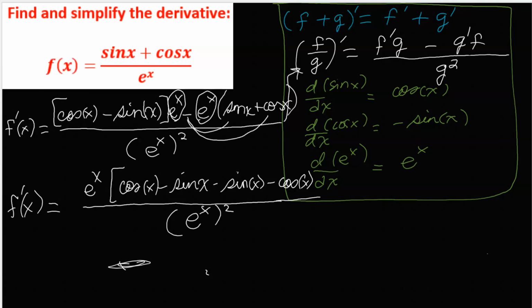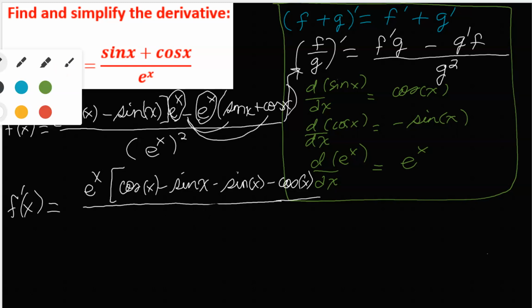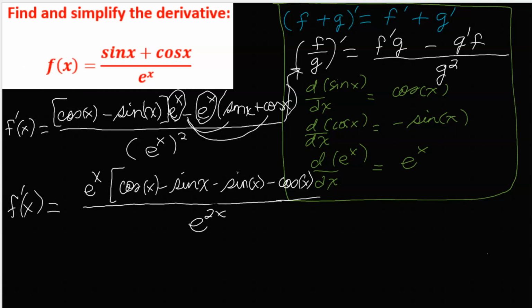Okay, now I'm going to take the opportunity to explain. Sometimes you will see people write not e to the x squared, but e to the 2x, just because when you have an exponent raised to an exponent, we multiply the exponents, right? So it's 2x, but really it's just e to the x and then squared.